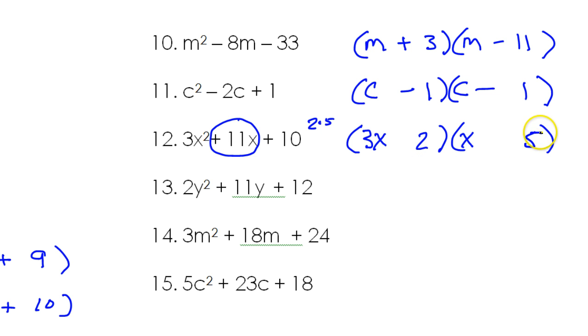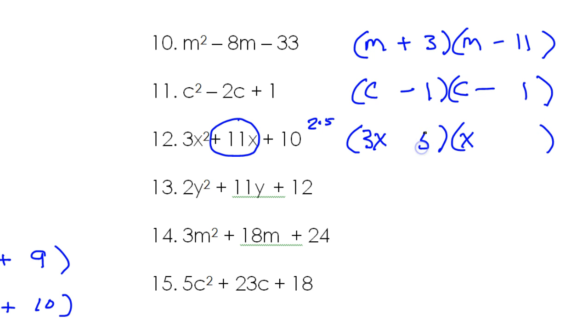Okay. Now inner I have 2x, and outer I have 15x. Can I make 11 out of this if I choose the signs right? No. 15 minus 2 is 13. It's close, but no. So let's try it the other way around.